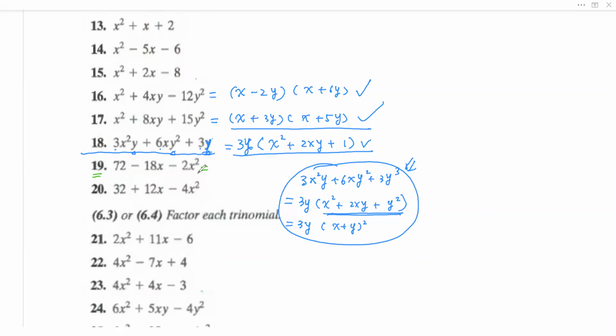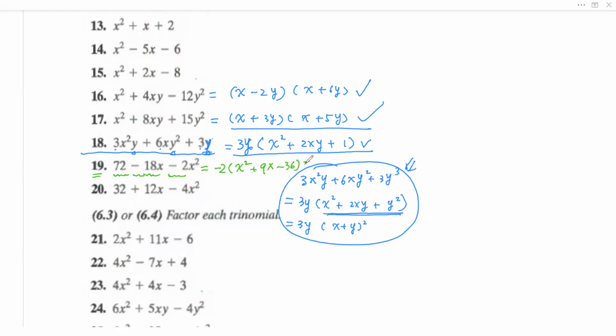Let's do it together here. First, we can see 18 and -2 have the common factor -2, right? Take -2 out, and at the same time put the terms in sequence. So x squared here becomes positive, then 9x, and minus 36, right?